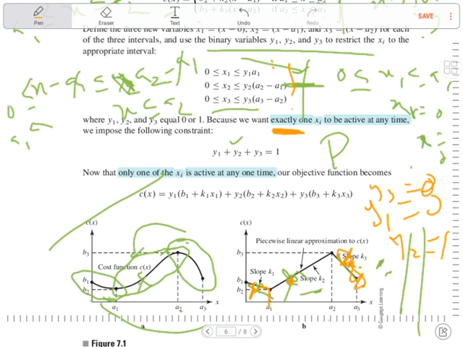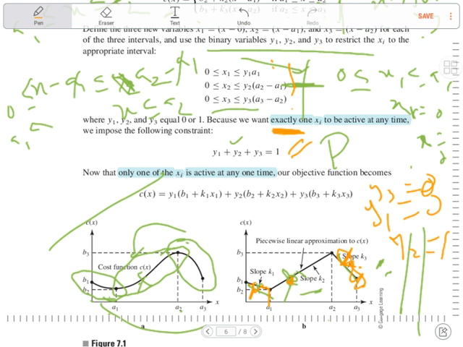So y1 plus y2 plus y3 equals 1 very easily fits here, because your yi is a binary variable. So what are the values possible? 0 and 1. If one is 1, then definitely the other two should be 0. Also, if I take all three 0, then this will not be satisfied. That means you have to take at least one to be 1.